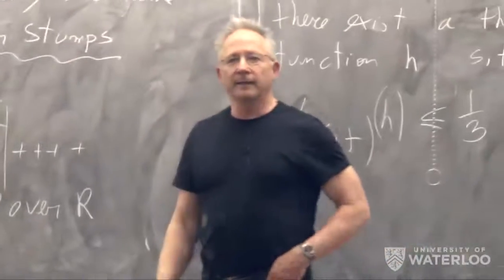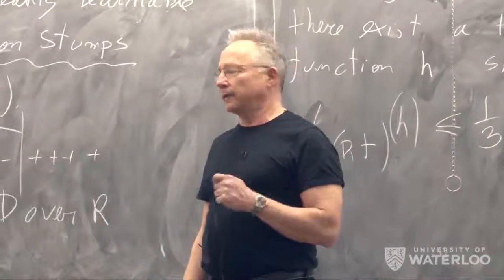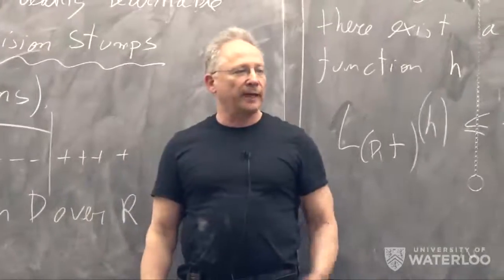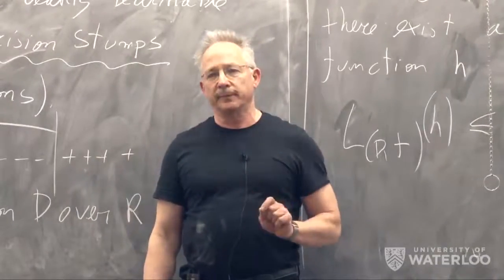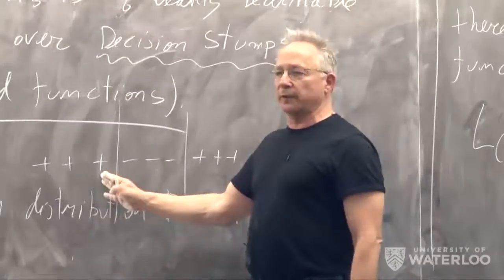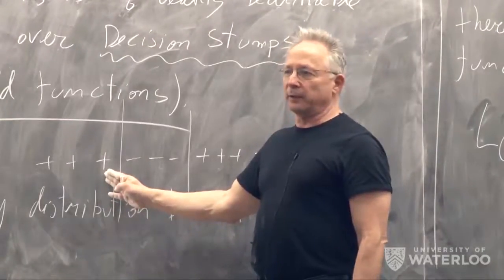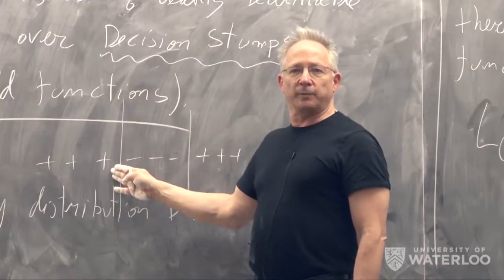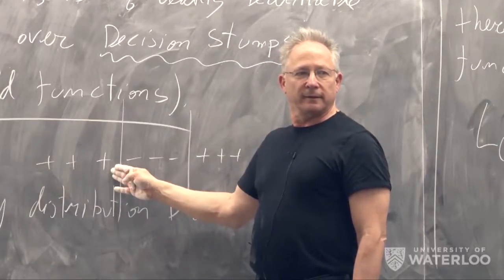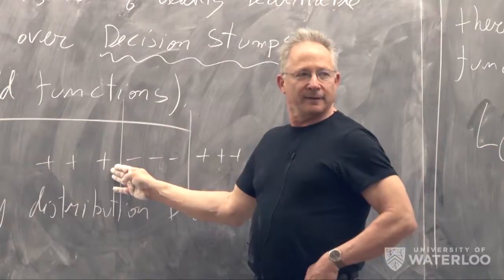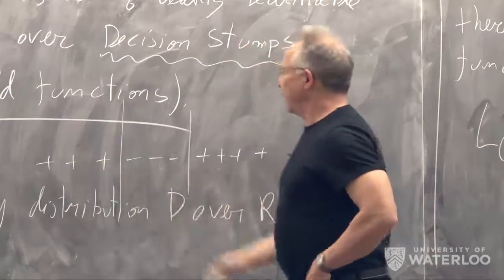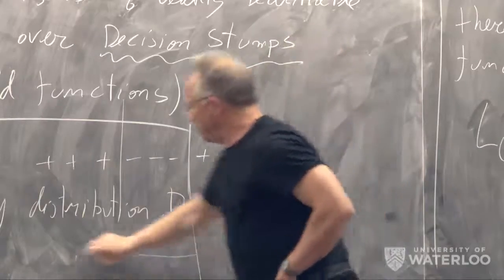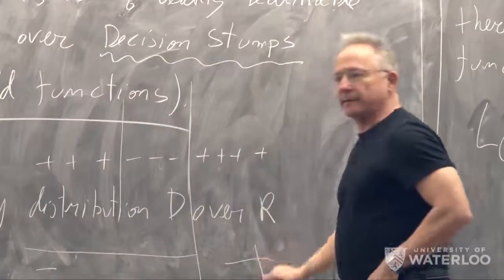But notice that for any of those 3 regions, I can make sure that I err only on this region. If I want to err only here, which threshold should I pick? I'll pick the threshold that says I cut it here, I do all of this minus and all of this plus.